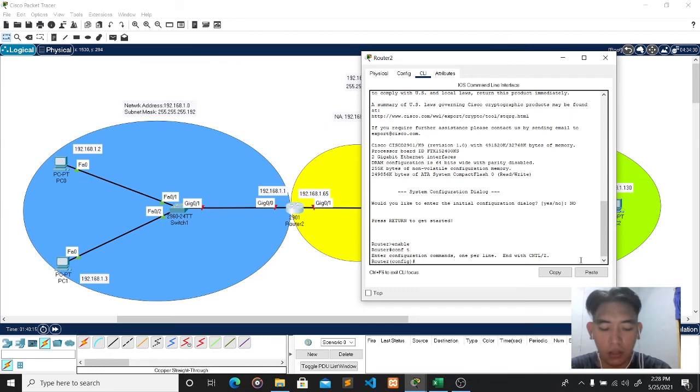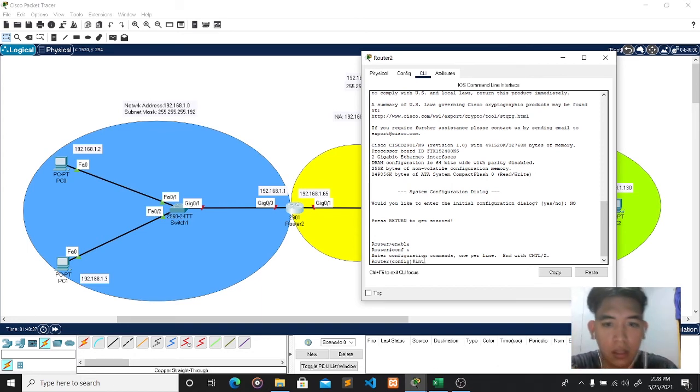So nandito na tayo sa configure terminal. Next natin gagawin is lalagyan ng IP address.